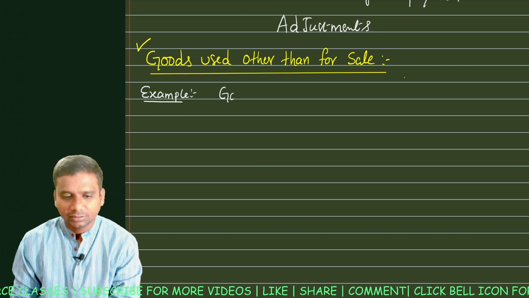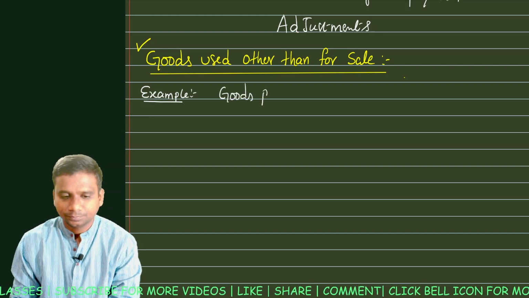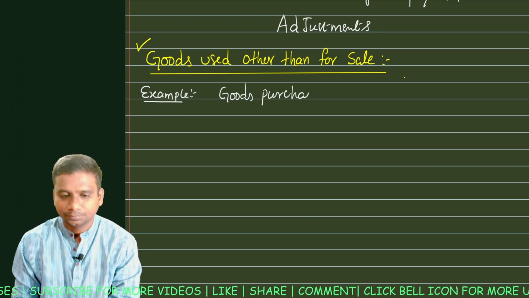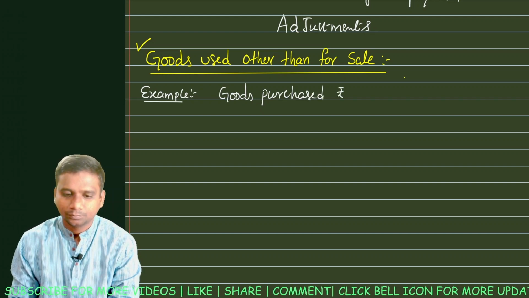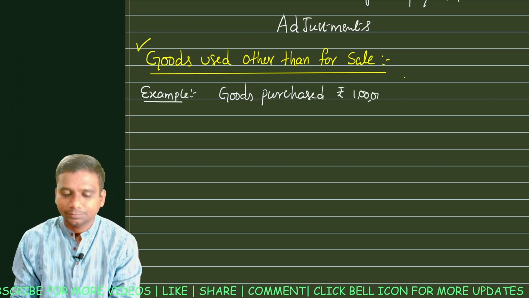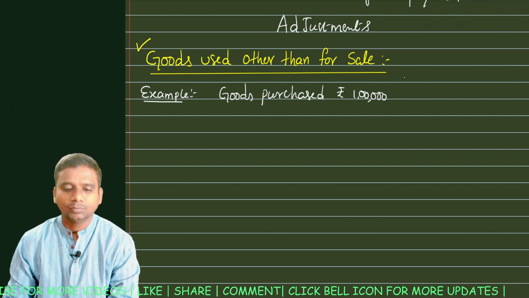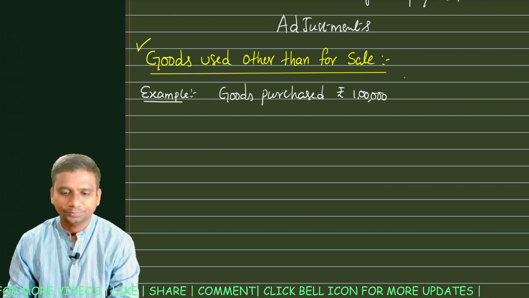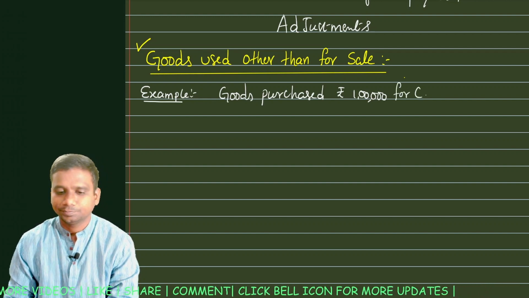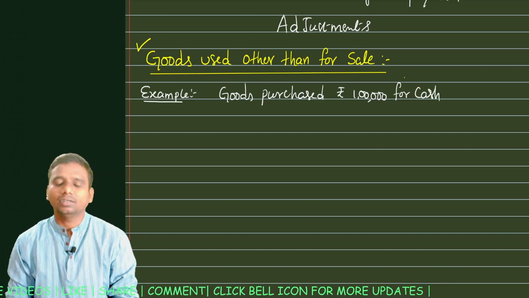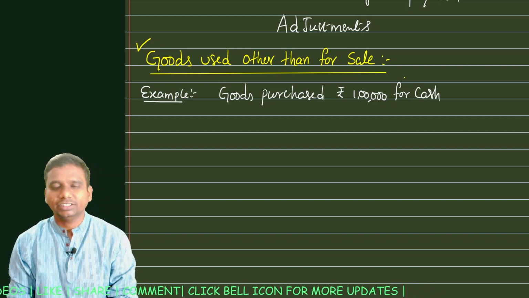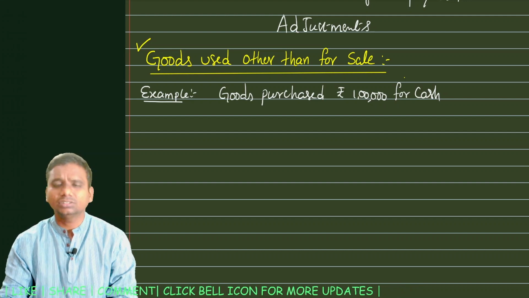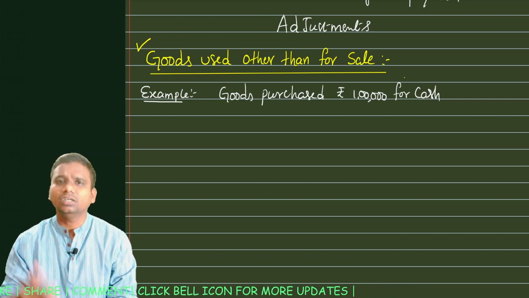Goods purchased, rupees 1 lakh, per cash. So this is the transaction of purchase of goods. As this is a cash transaction, we record it in the cash book.